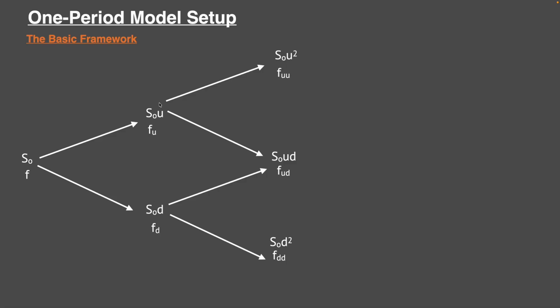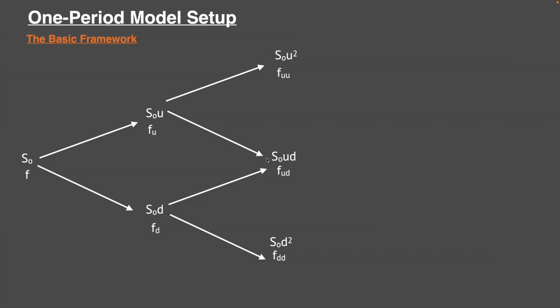For the next time interval, S0 into U again gets multiplied by U, so it becomes S0 into U square, and the option price becomes FUU.